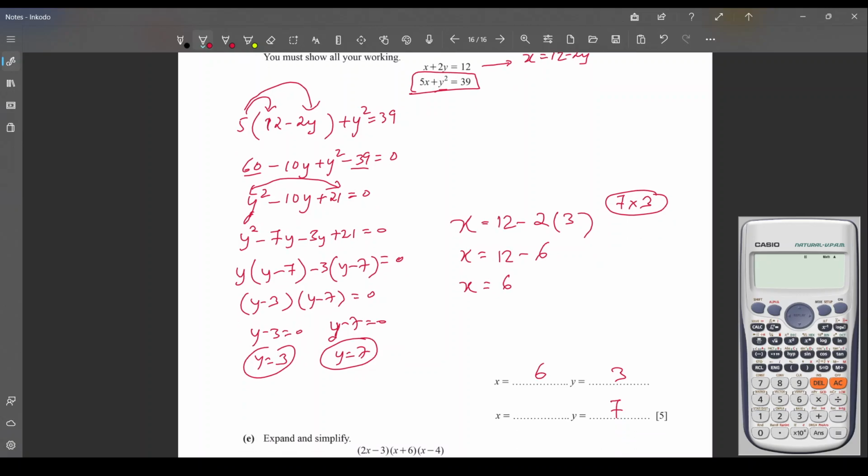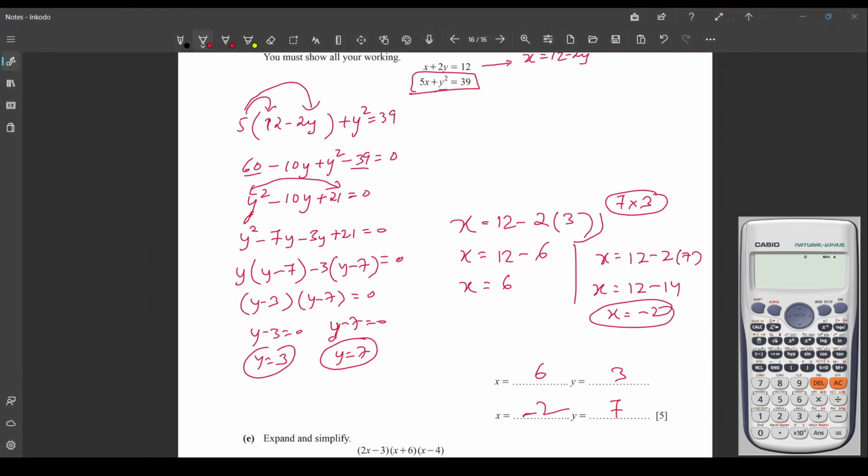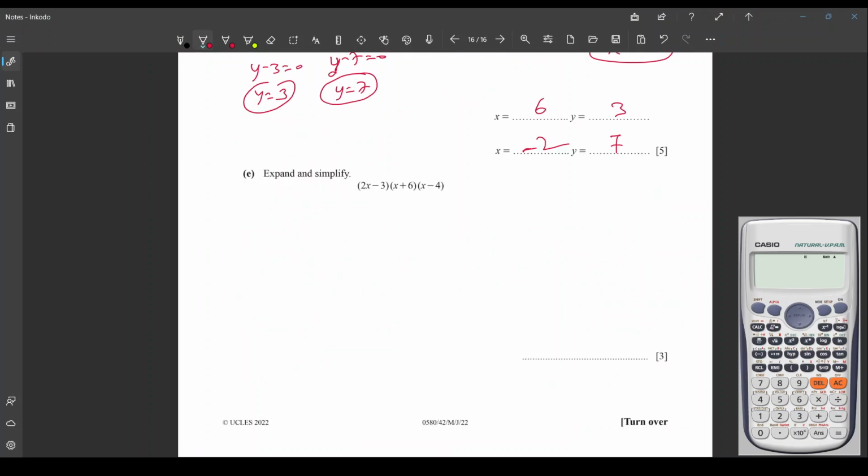And the other case is when I put the value of y as 7, so x equals to 12 minus 2 into 7, so x equals to 12 minus 14, so x equals to minus 2. So these are the two values that we got.